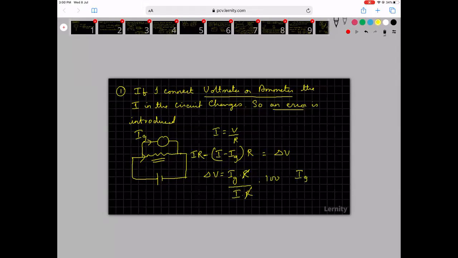R gets cancelled. So it is Ig by I, the ratio of the current passing through the galvanometer versus the current in the circuit. So this is the error introduced because of a voltmeter.